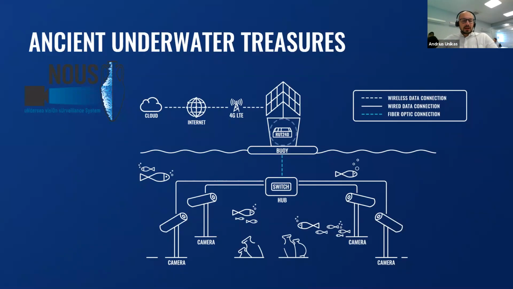The new system allows continuous monitoring and protection of an underwater site using machine learning and applying image and sound processing algorithms. The system consists of two sections, above and under the water.